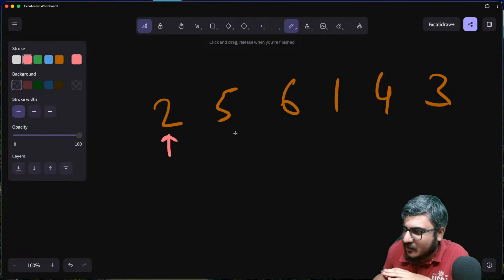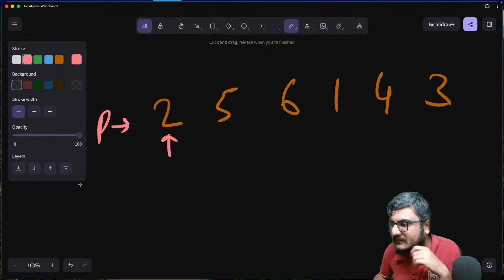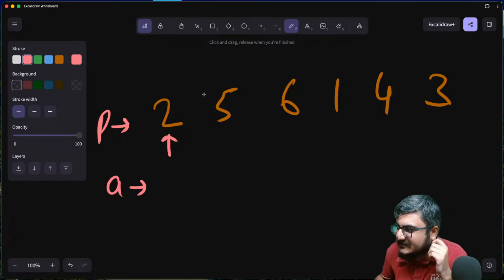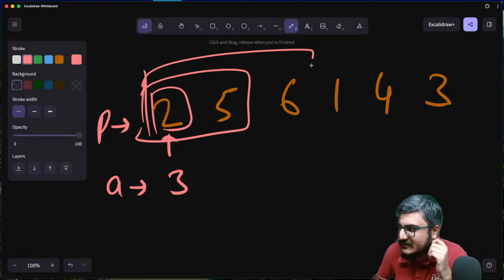If you count, you will find there would be 3 subarrays where the minimum element is 2. You can take this 2 alone, or this one, or this one.